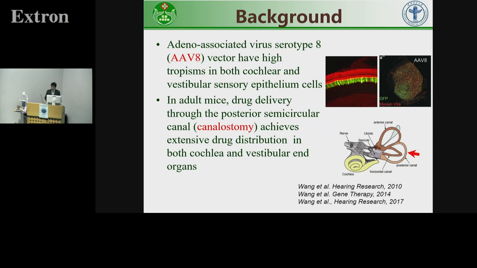And in adult mice, we have shown that drug delivery through the posterior semicircular canal, also named canalostomy, achieves extensive drug distribution in both cochlear and vestibular end organs. As shown here, we inoculated the drugs through the posterior semicircular canal of the mice.